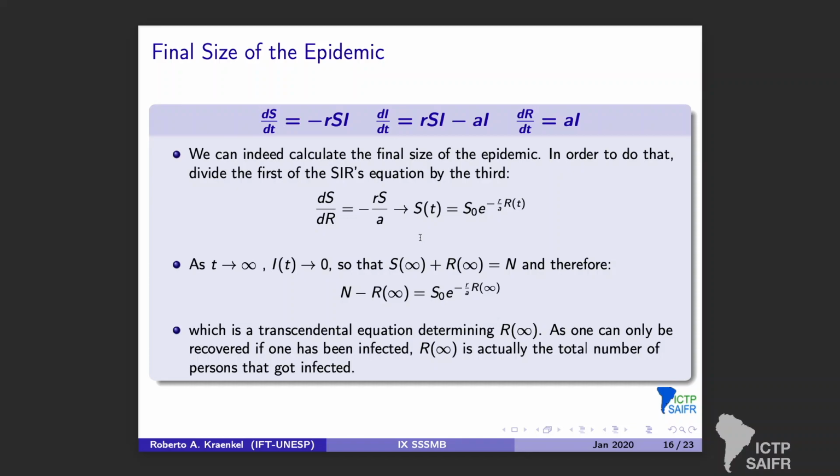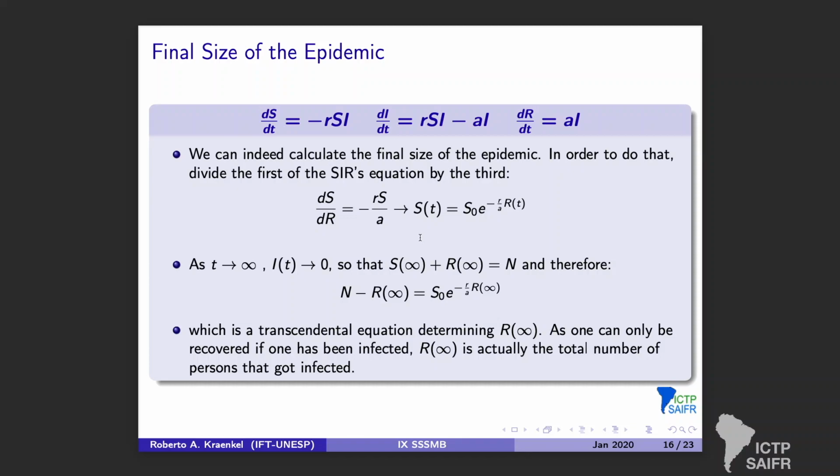And many people said when we get to herd immunity, okay, it's going away, just relax. This overlooks the fact that the herd immunity threshold is much smaller than the final size of the epidemic.